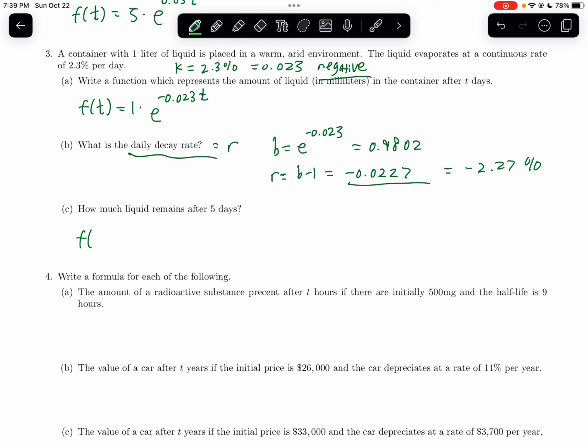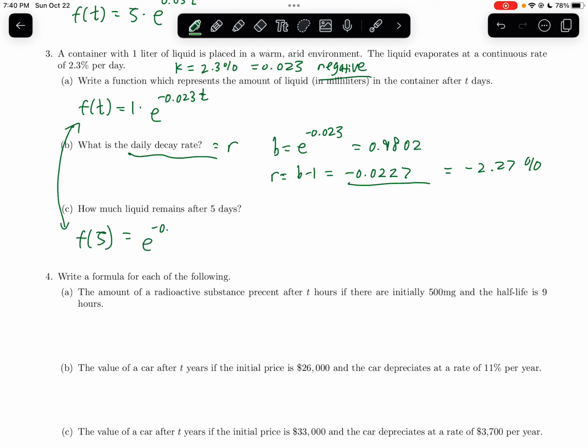How much remains after 5 days? This is evaluating the function at 5. You could use either form, but we already have the formula from part A, so that makes sense to use here.